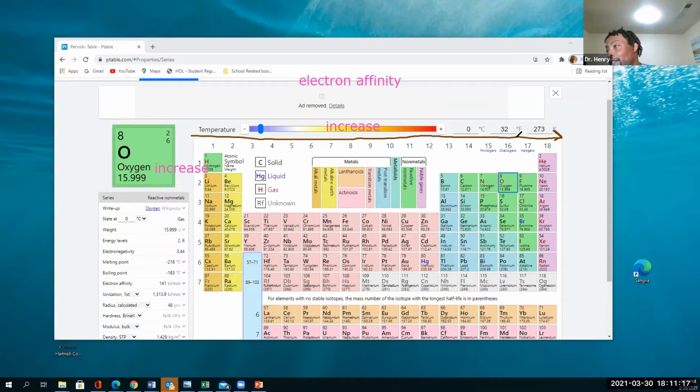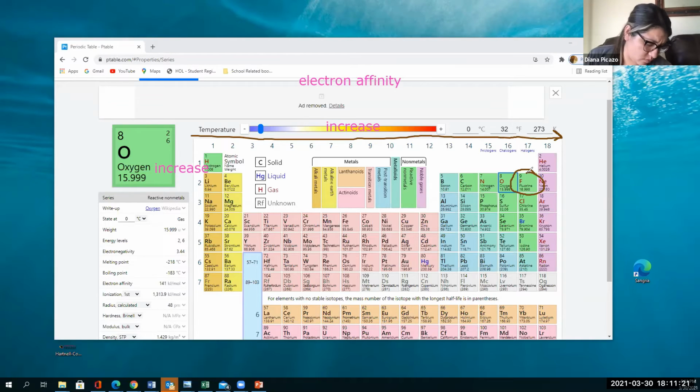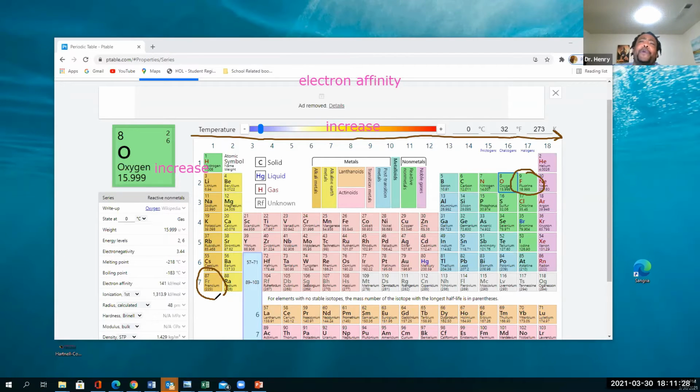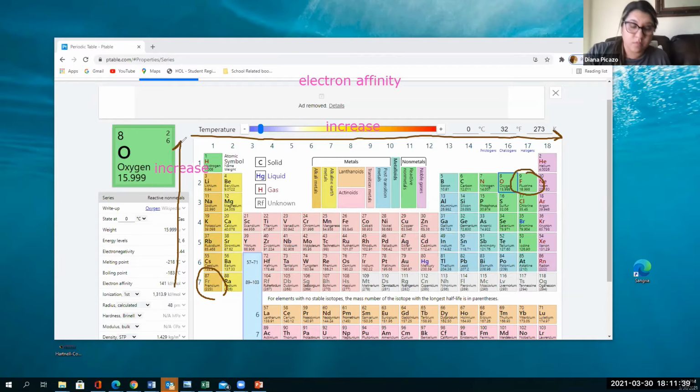Would it be hydrogen? Francium. Yes, francium is also going to have a low one, because francium doesn't want electrons. He's like, I'm trying to get rid of electrons, why the hell would I take some? That's not my thing. So it increases from left to right, and it increases from bottom to top. Okay? So far?